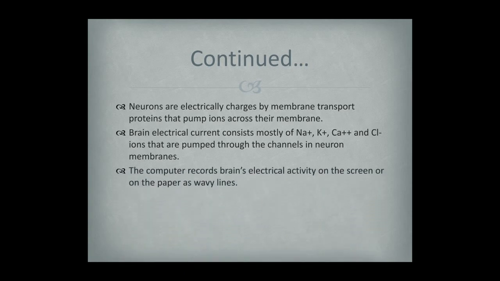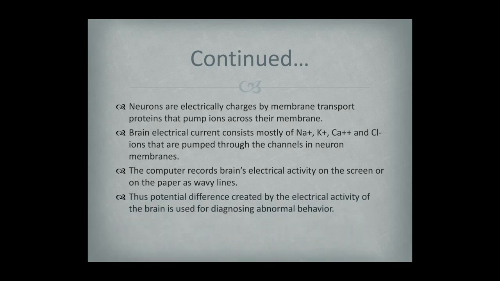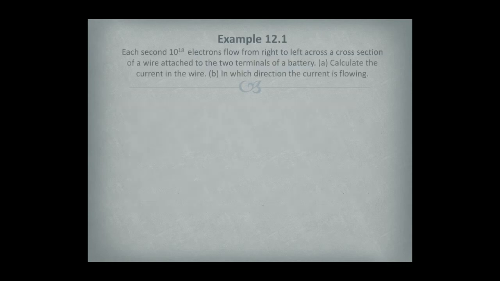The computer records the brain's electrical activity on the screen or on paper as wavy lines, and these wavy lines give you a type of graph consisting of wavy lines up and down. Thus, the potential difference created by the electrical activity of the brain is used for diagnosing abnormal behavior.